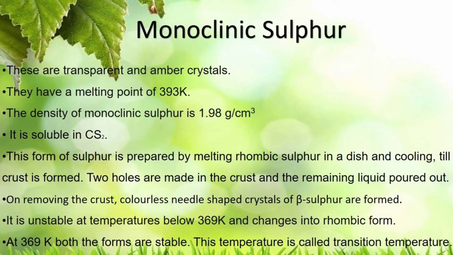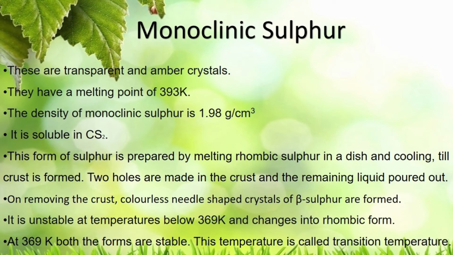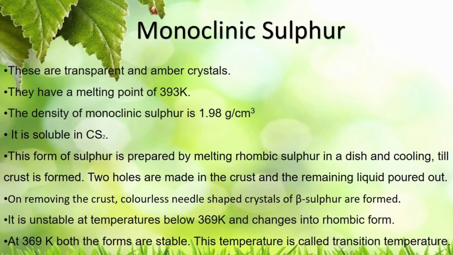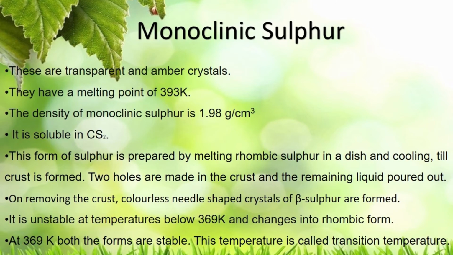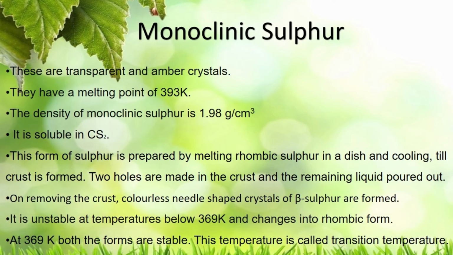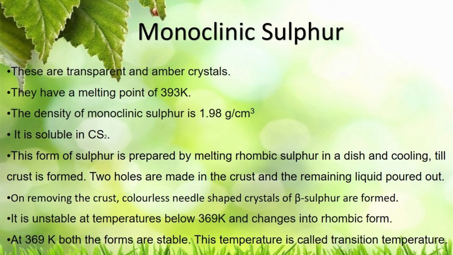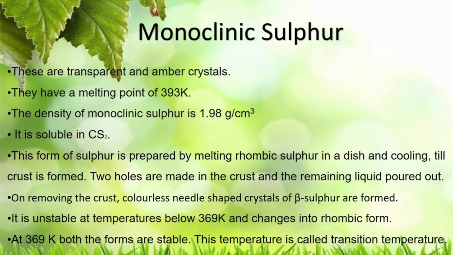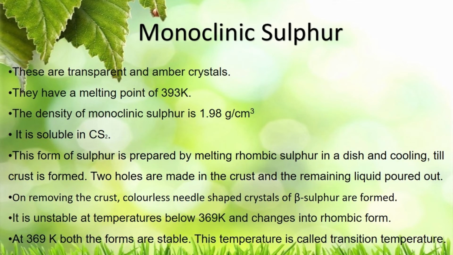Now let's discuss the properties of monoclinic sulfur. These are transparent and amber crystals having a melting point of 393 Kelvin and density of 1.98 gram per centimeter cube. Monoclinic sulfur is found to be soluble in carbon disulfide and it is unstable at temperature below 369 Kelvin.